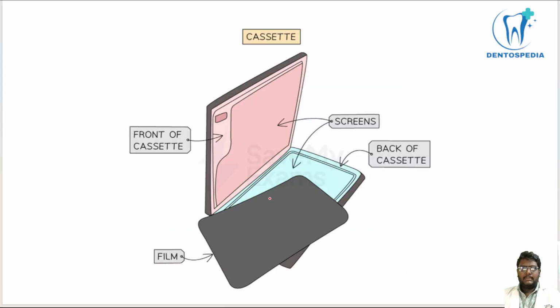This is the film cassette, where there are intensifying screens on both sides, and in between them we place the film. Intensifying screens help in giving more clarity to the images. When we use a screen and film combination, we get extraordinary results in image clarity.